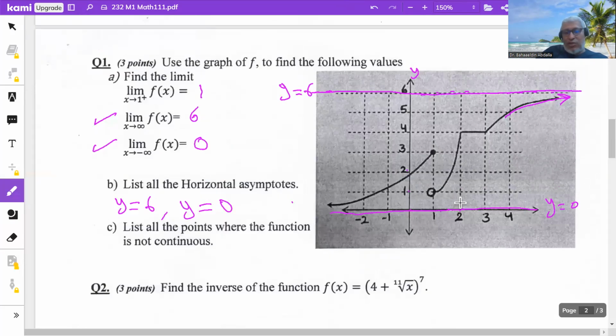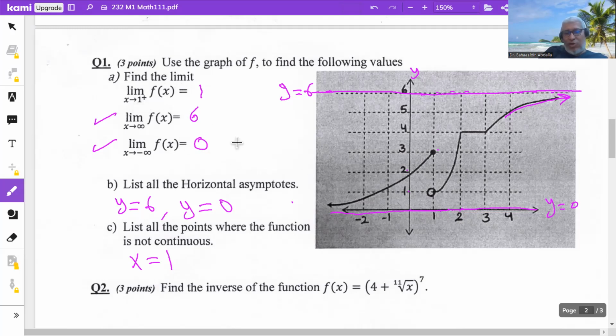Points where the function is not continuous. Well, the function is not continuous where? He said list all the points. He means the values of x at which the function is not continuous. So when x equals 1, the function is not continuous because there is a gap here. The limit from the right is not equal to the limit from the left.